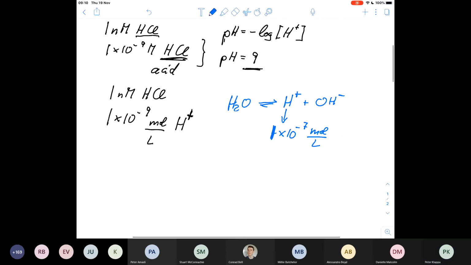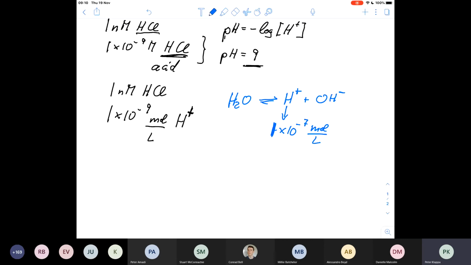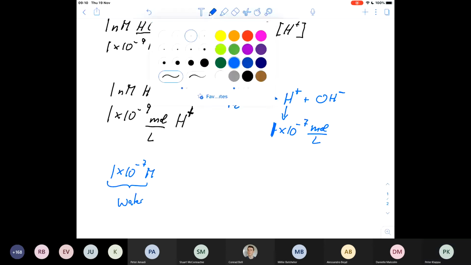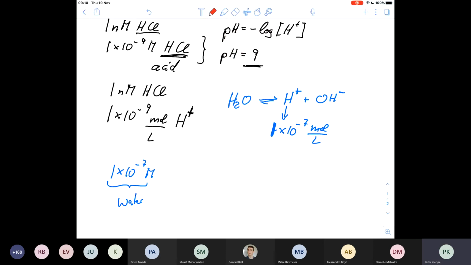Absolutely right. So basically, in our solution, we have 1 times 10 to the minus 7 molar. These are the protons from the water. Plus 1 times 10 to the minus 9 molar.